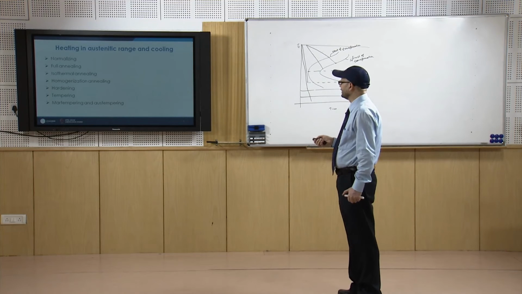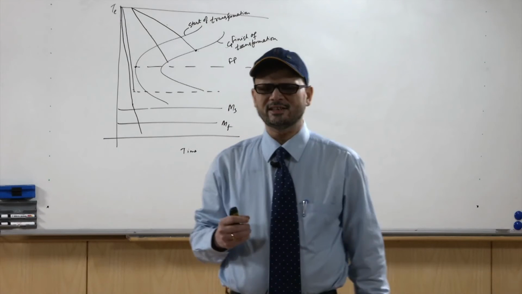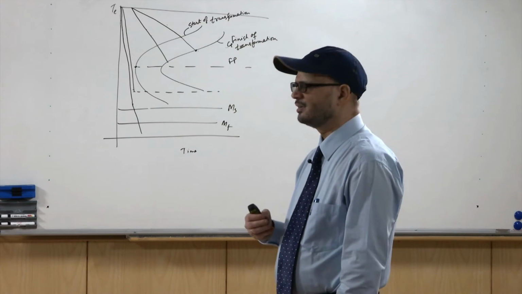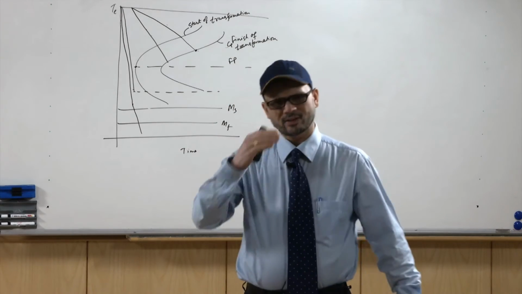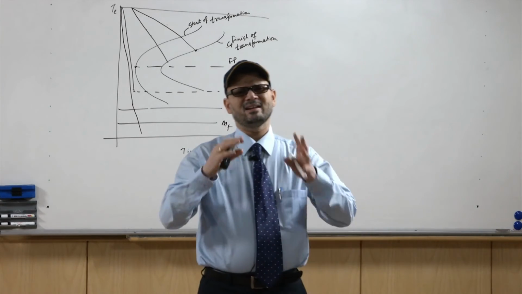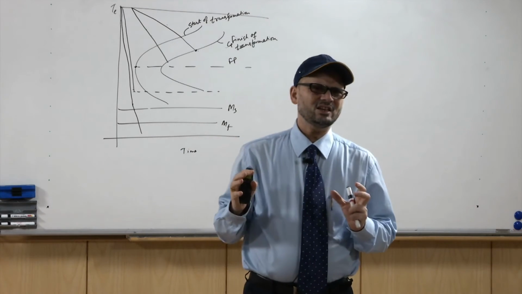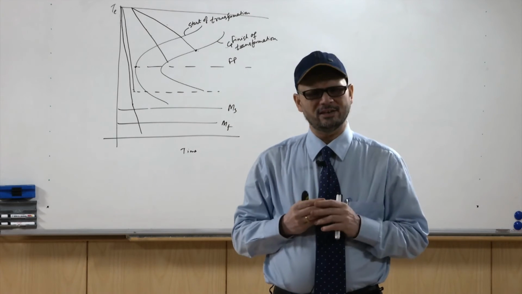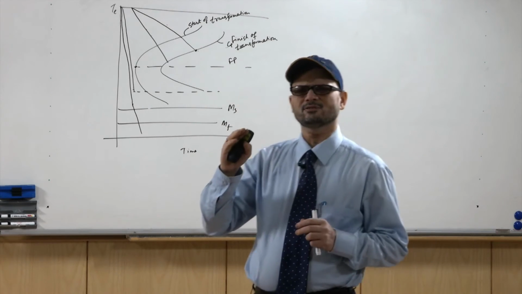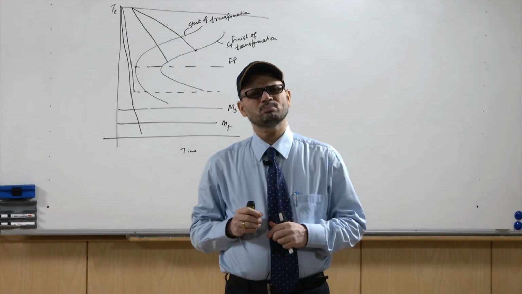Then full annealing. Full annealing is normally done for hypoeutectoid steels. You go to about 100 degrees C above the A3 line, and then you cool in the furnace at a very slow rate. That process is known as full annealing. You hold in the furnace for some time and then cool at a very small rate.